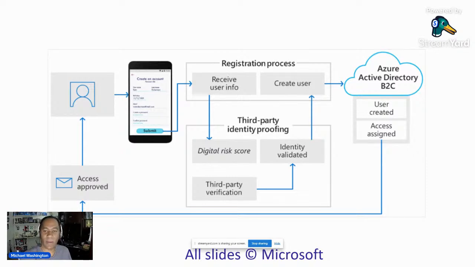You can, using custom policies in your flow, pass it off to some third-party identity spoofing service, which can take in the information and create a digital risk score. Based upon that, you can deny that account from being created. You can also, of course, use this flow when a person is authenticating into the app to block a bunch of password spray attacks and that sort of thing.